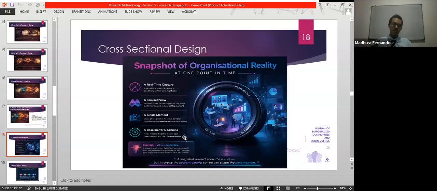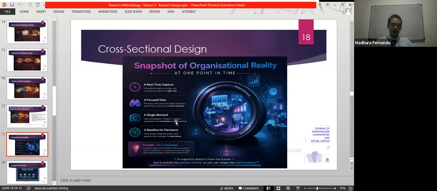Then you find out how they behave, or their level of motivation, or their level of absenteeism, whatever it is. You get a snapshot of that particular point of time. This is a real time capture. You capture it at this moment, right?